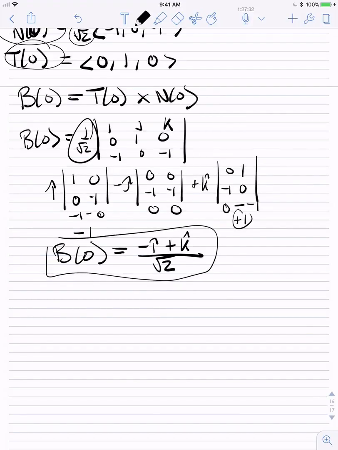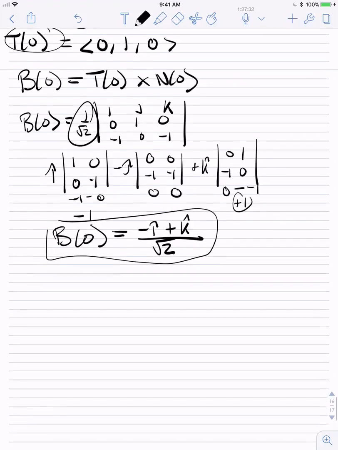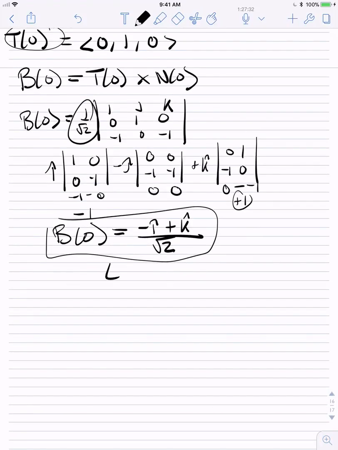If we want to rewrite this binormal vector, we can write it as 1 over root 2 times negative 1, 0, and a positive 1. We're not really going to need this 1 over root 2, so we can discard it. We're just going to focus on this part, negative 1, 0, and 1, and that's going to help us find our osculating plane.